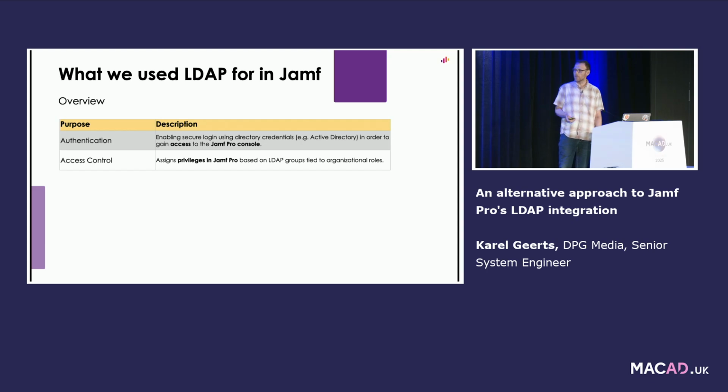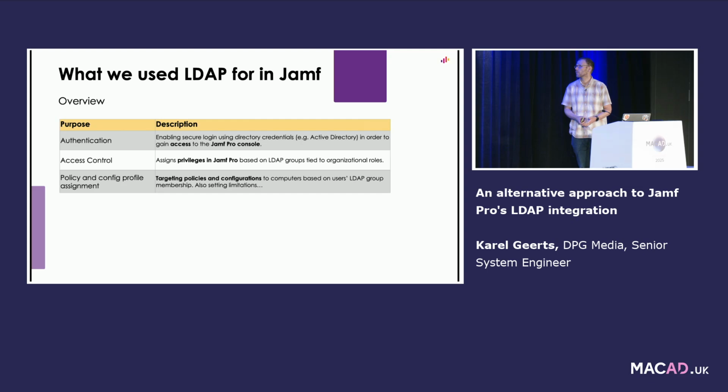So we did that based on LDAP groups. Then you have the policy and config profile assignment part. In short, that's targeting or scoping, as you will, policies and configurations to computers based on the LDAP group membership, and that could also be used to set limitations.